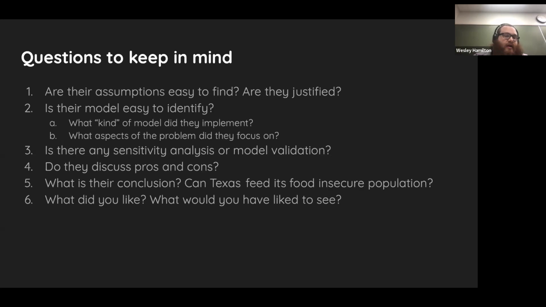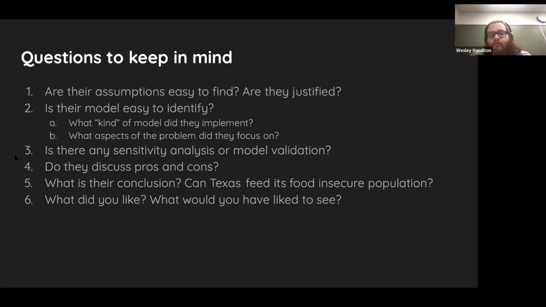Some kind of SIR or differential model? Something more probabilistic? What kind of approach are they using? How clear is it? How long does it take you to figure out what they're talking about? Is it easy to figure out what that model is?